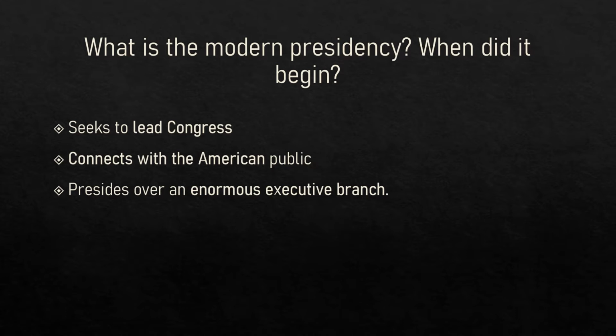Let's see, who else? Reagan. Reagan is a very good example, only he purposely did not have the third bullet point, the enormous executive branch, based off of the conservative governance of the executive branch.